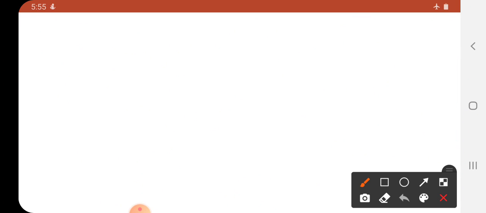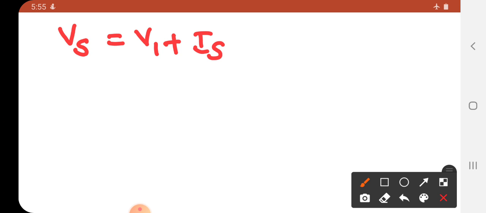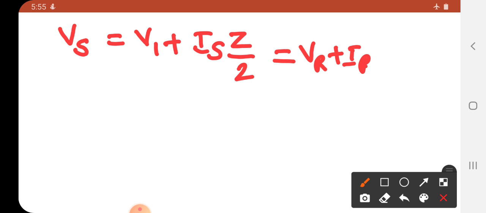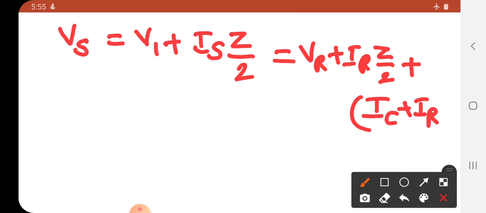What is the equation for Vs from the circuit diagram? Vs is equal to V1 plus Is into Z by 2. But you know that V1 is VR plus IR into Z by 2, and Is is IC plus IR, so Vs is equal to V1 plus (IC plus IR) into Z by 2.